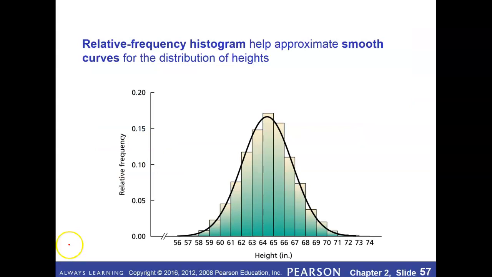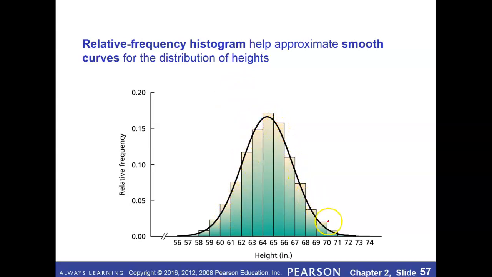So let's take a look first at this relative frequency histogram. If we just take a look at the histogram itself, it's those different bars. Well, we can kind of approximate the bars with a smooth curve for the heights that kind of goes through the center of each of those bars.